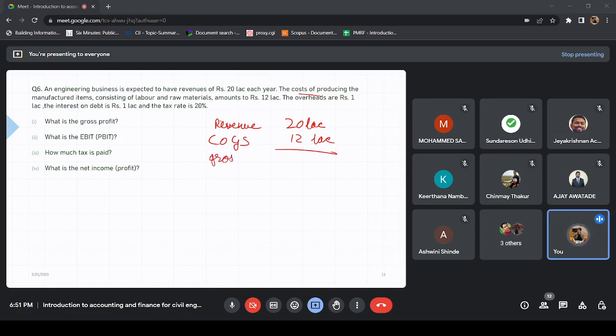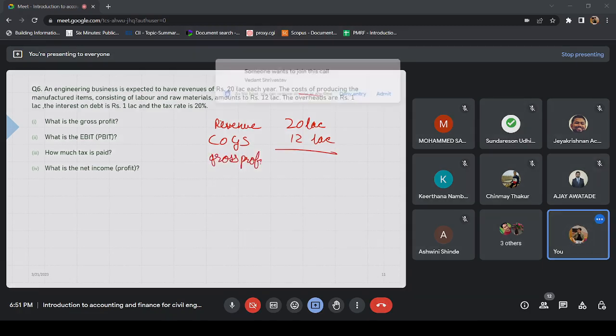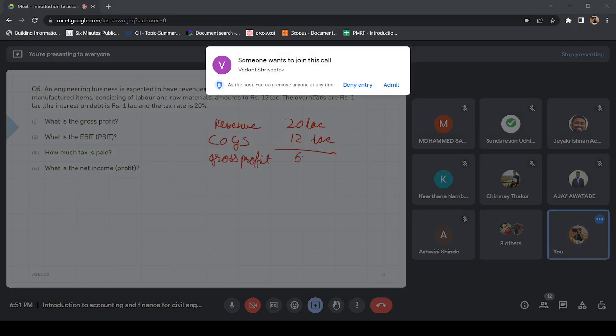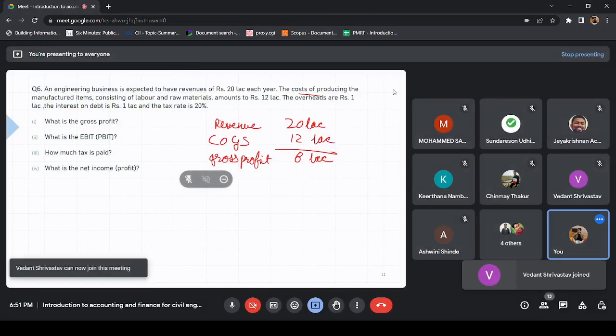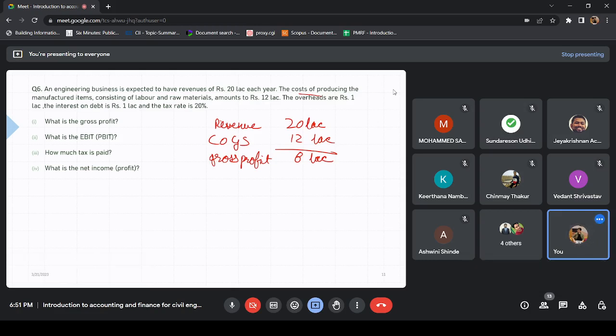That brings your gross profit to 8 lakhs. That is how we have been calculating profits since childhood: selling price minus cost price equals profit or loss. You sold it for 20 lakhs and the cost was 12 lakh, so your gross profit becomes 8 lakhs.